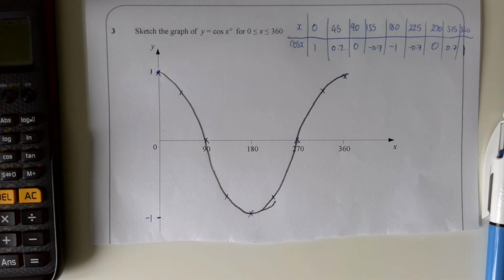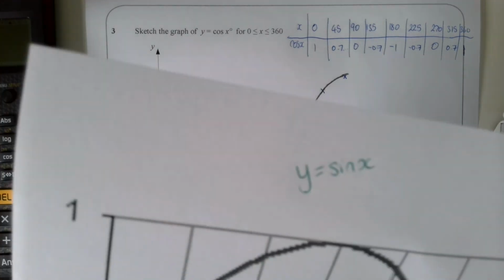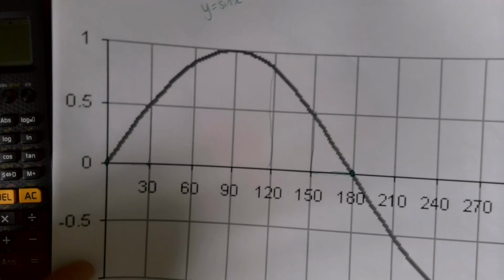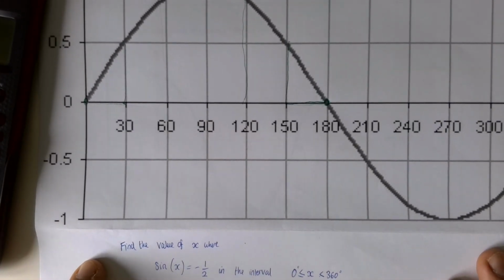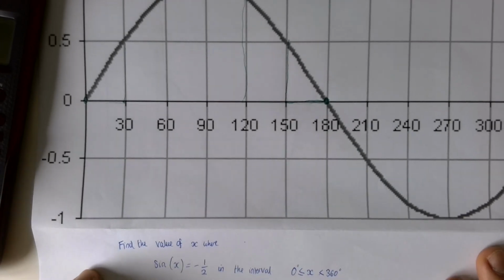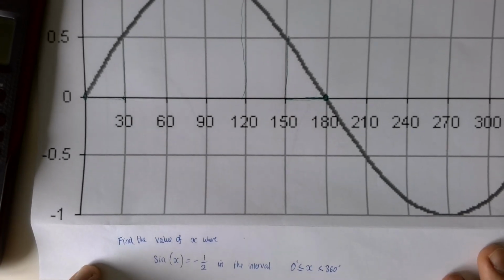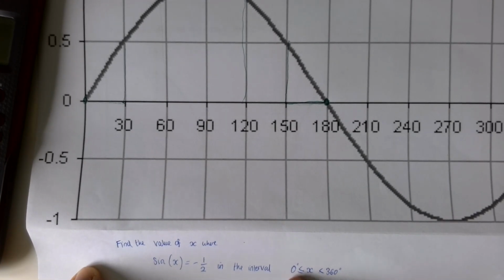One thing that I will just show you before I go, I'm going to go back to my properly printed sine graph, and I'm just going to ask this question. Find the value of x where sine x equals minus 1/2 in the interval x is greater than 0 but less than 360 degrees.